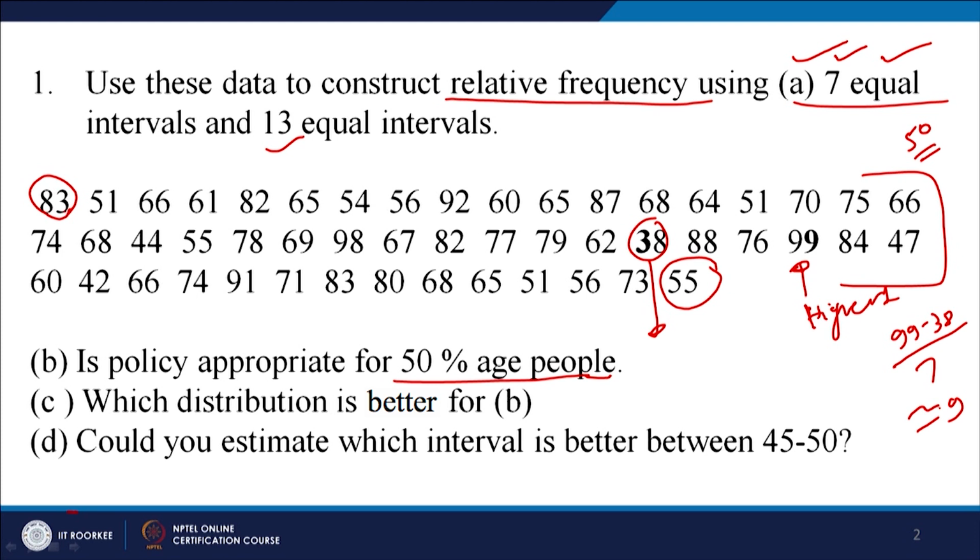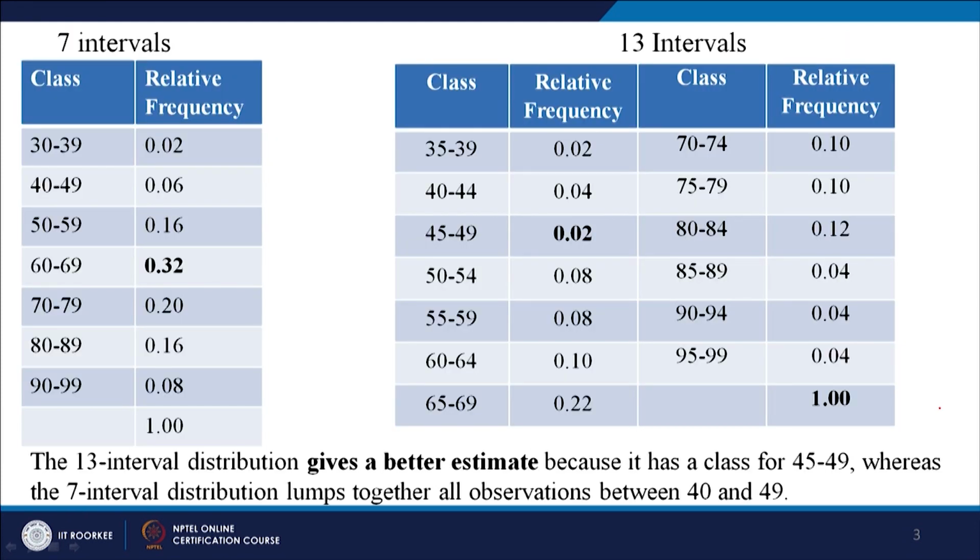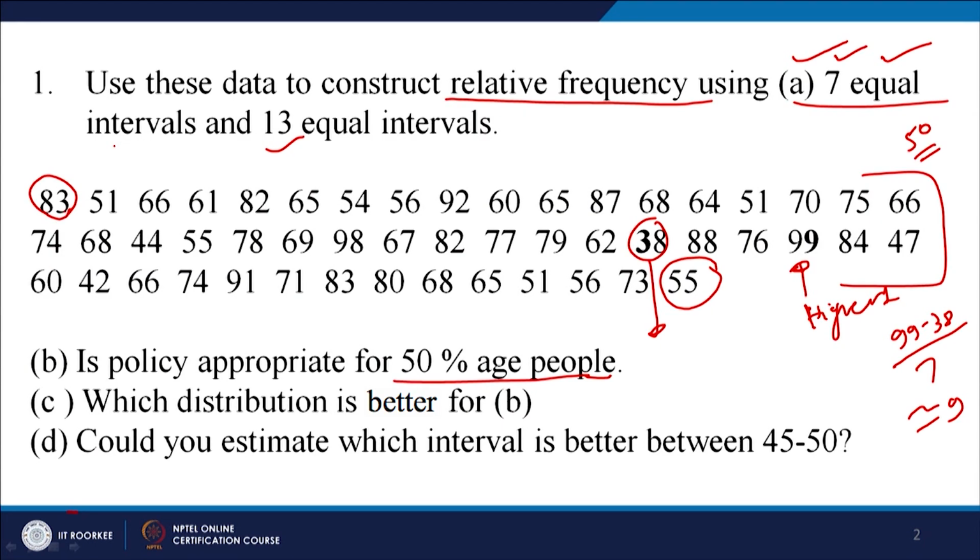Okay. So, let us move on to the 7 interval relative frequency distribution. The very first class here is 30 to 39, right, and how many data points are in this range? 30 to 39. We will go to the previous slide and see the data points between 30 to 39.